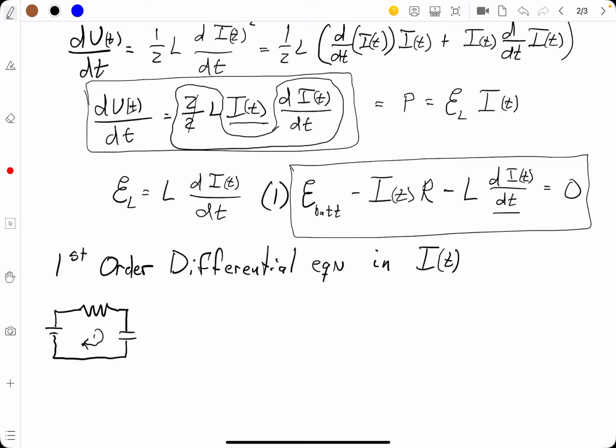And what did we get when we did that? We got our EMF minus R times dq of t/dt, because that's I, right? Minus q over C equals 0. Again, a first order differential equation. However, this one is in Q. Okay?